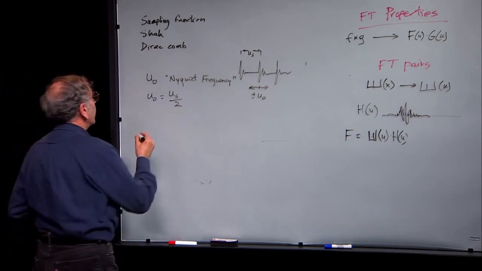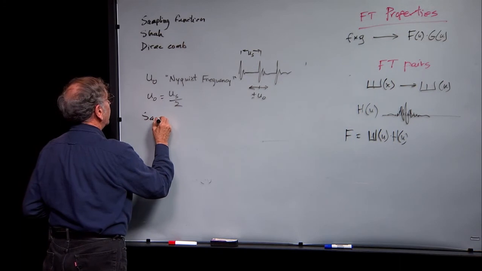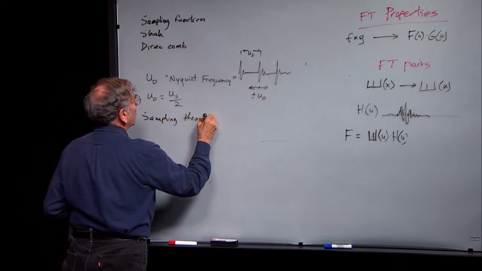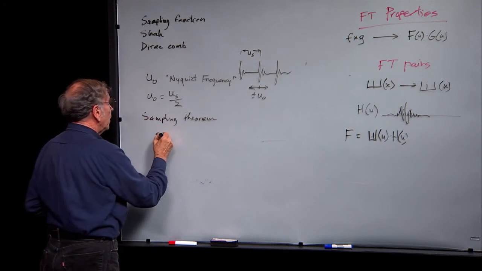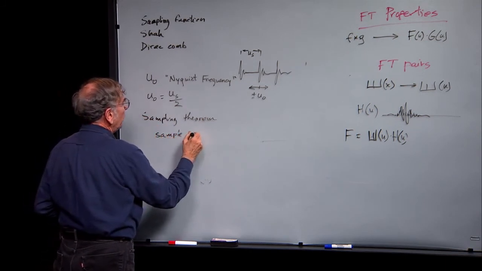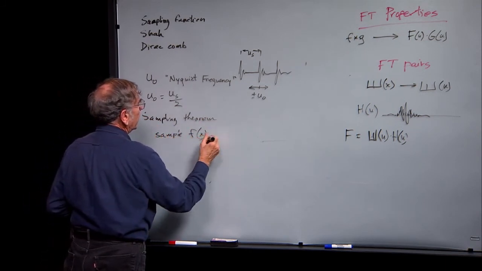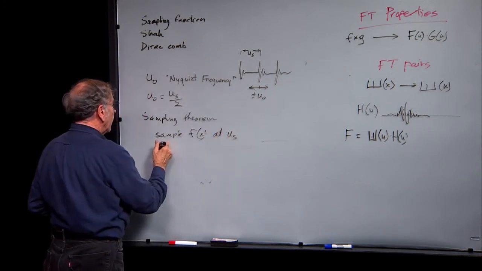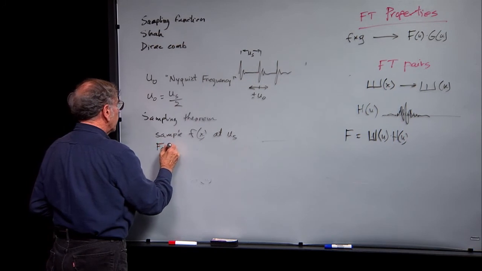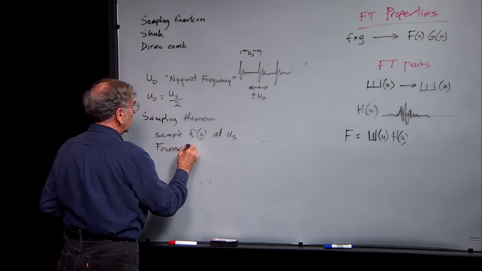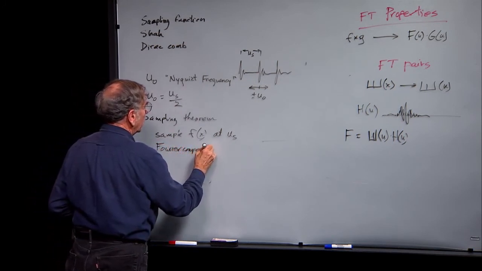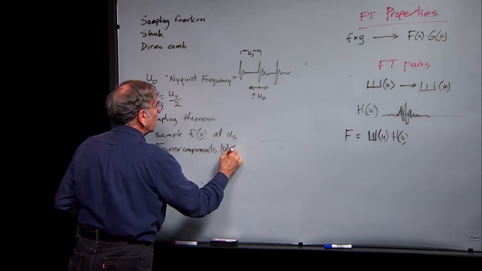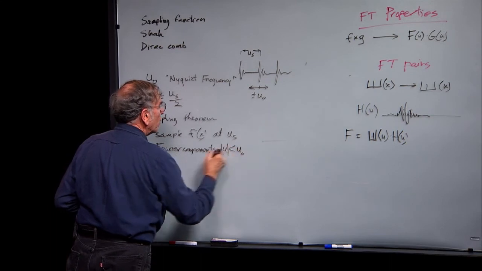And so the sampling theorem says if we sample some function f of x at a rate of u s, then Fourier components at frequencies less than u naught are preserved.